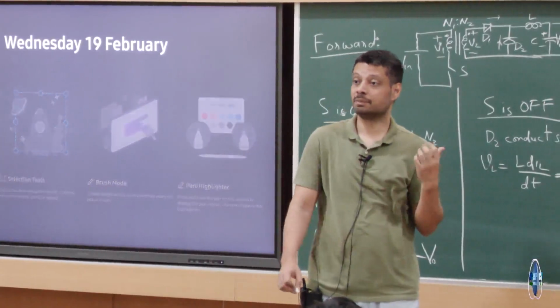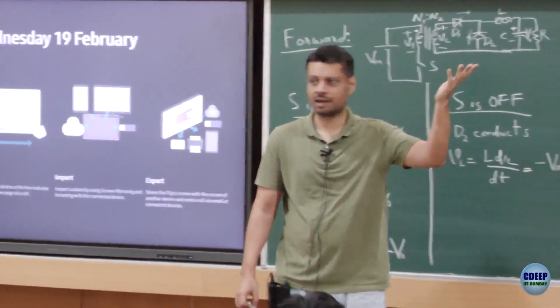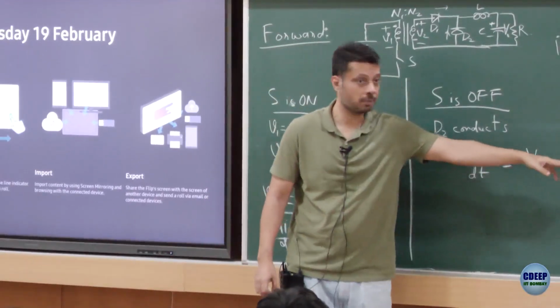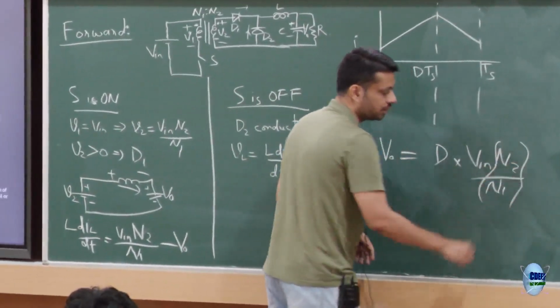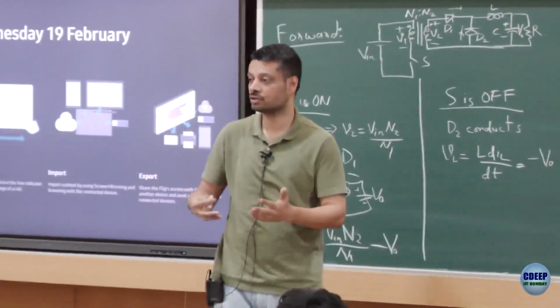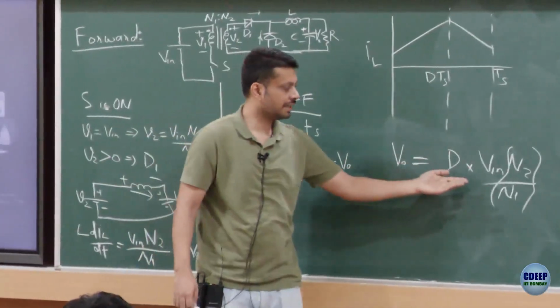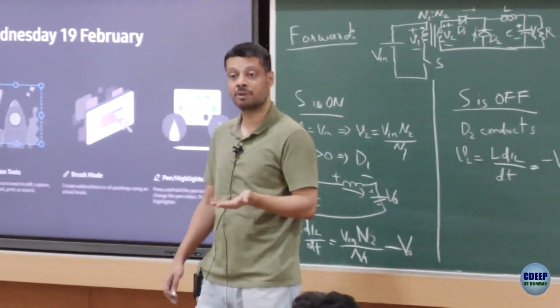Although this is a buck derived topology, you can use it to give a higher output voltage as compared to the input voltage. You can choose the turns ratio N2 by N1 such that you get gain, not attenuation, right? You get a gain of 10, 20, whatever you want. You can get an attenuation also of 10 and 20. Although it's buck derived, it does not mean that the output voltage will always be less than the input voltage, because here the gain is coming from two factors.